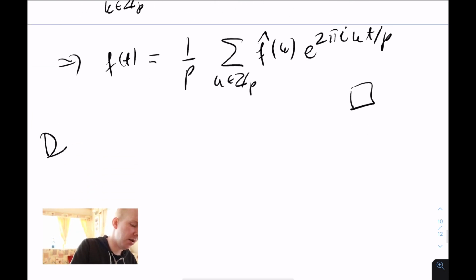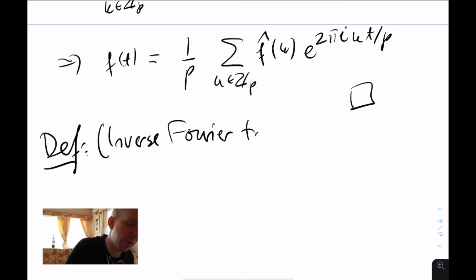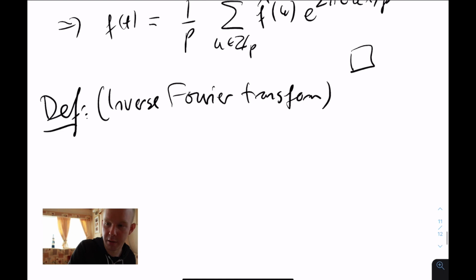So that's the only thing I wanted to say about the inverse Fourier transform: it is defined using that Fourier sum formula we just have above here. So the inverse Fourier transform is just defined as follows.